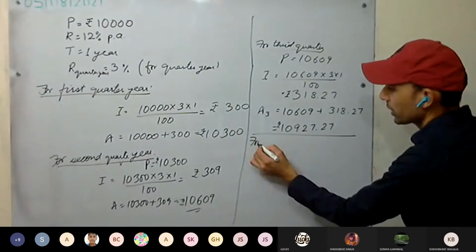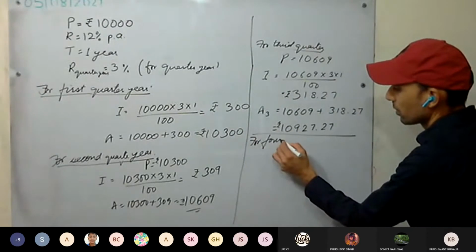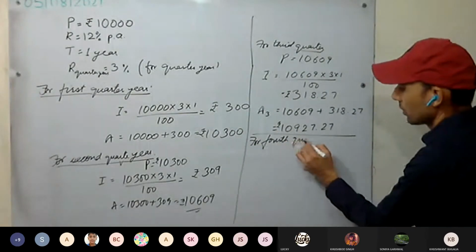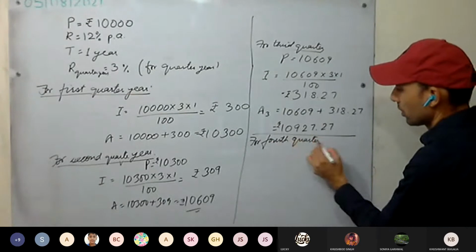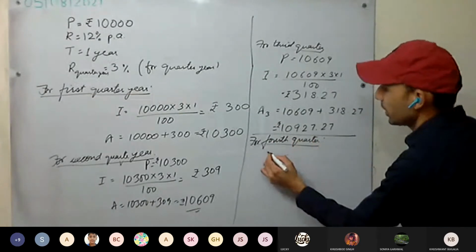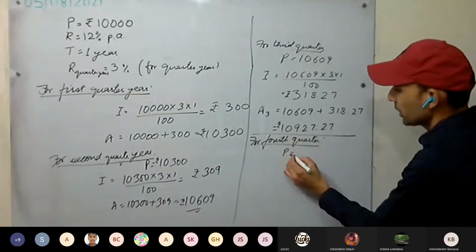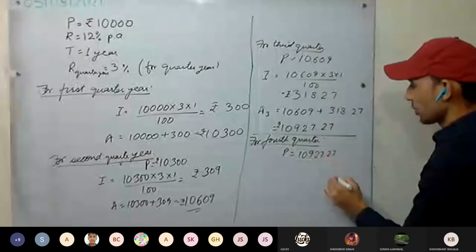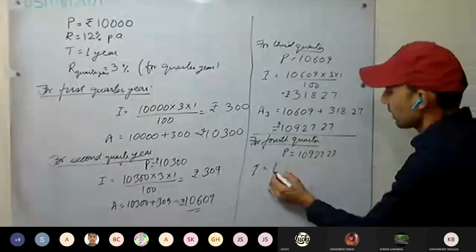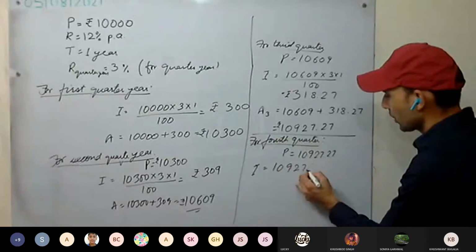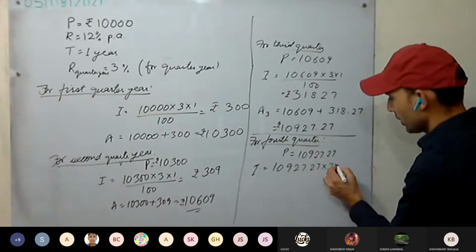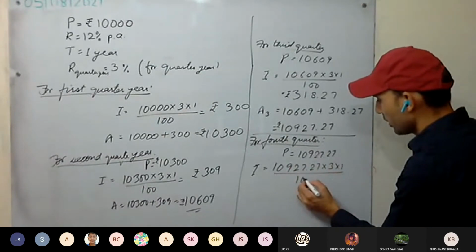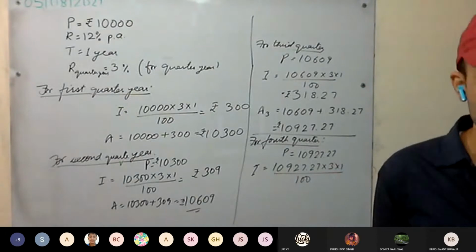So for the fourth quarter, what will be the principal? 10,927.27. Interest: everyone calculate the interest. 10,927.27 into 3 into 1 divided by 100. Everyone calculate it.